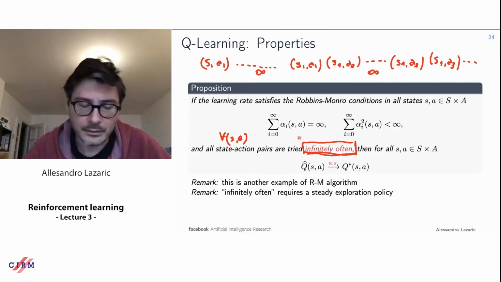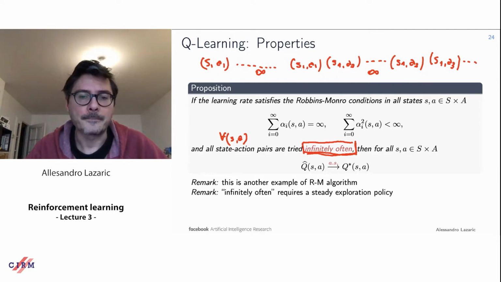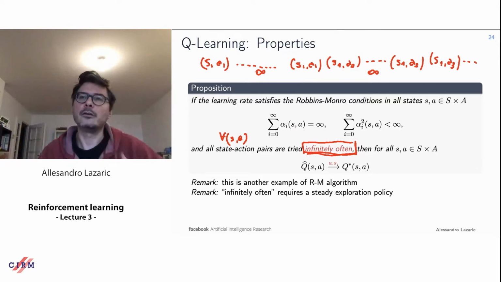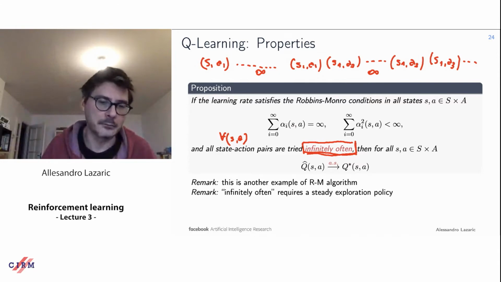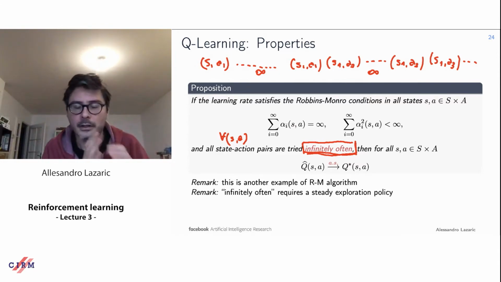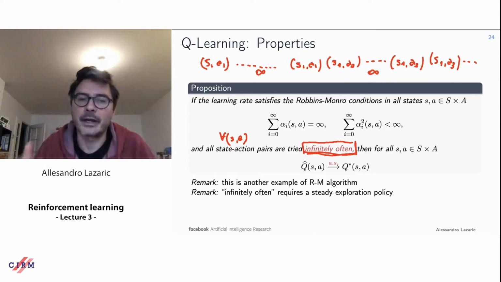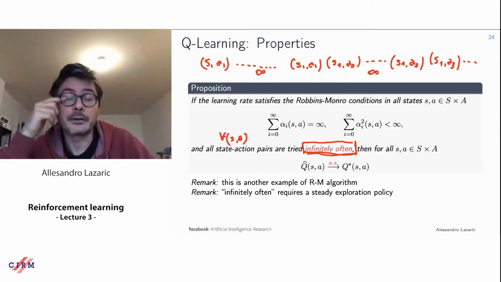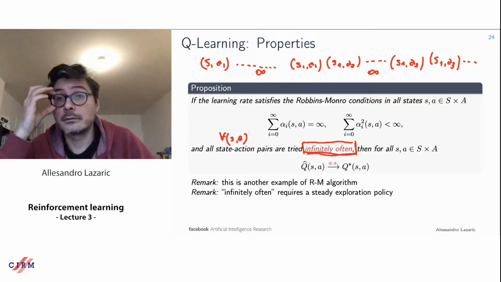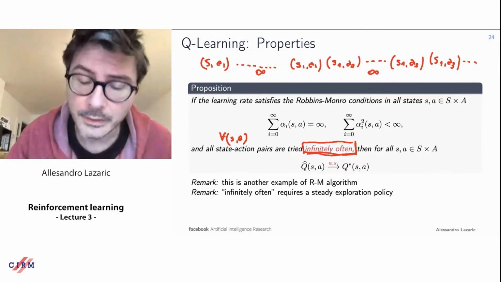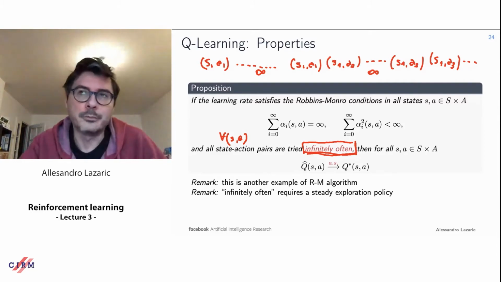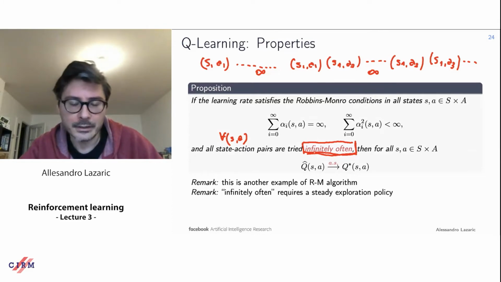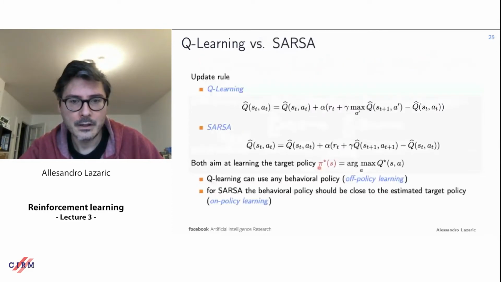So otherwise stated, what I'm asking is that you keep exploring the environment so that you keep observing states and actions many, many times, and it's not that you stop exploring a part of the environment after a finite number of steps and say, oh, fine, I stop going there because I know everything. Because otherwise, of course, you will stop updating your Q values in that region, which means that eventually you will not be converging exactly to Q star. So that's what this funny expression means.